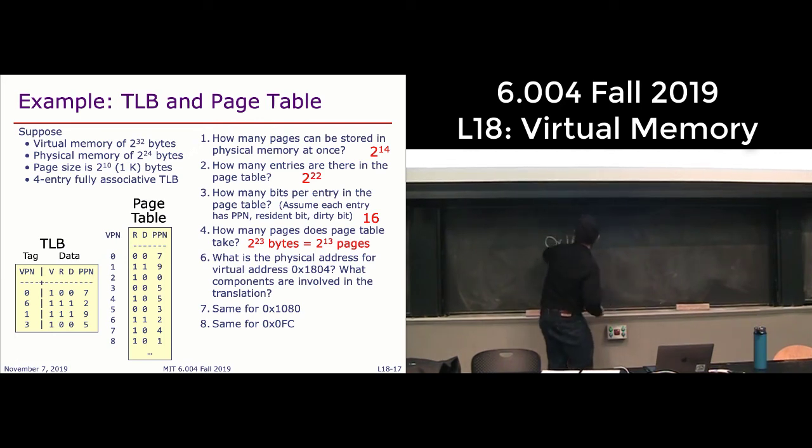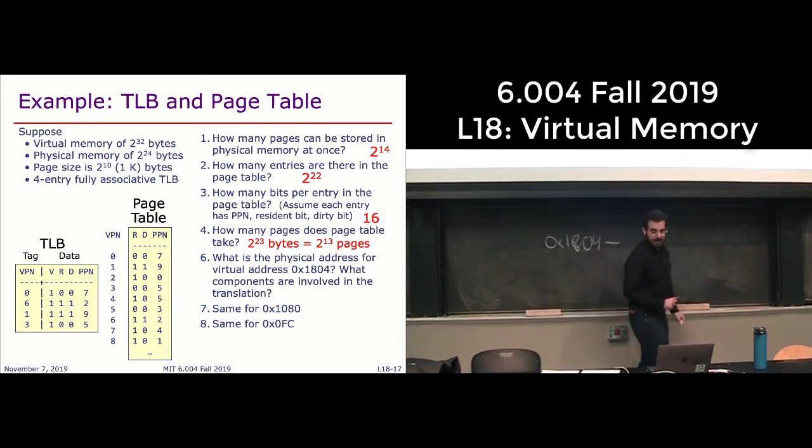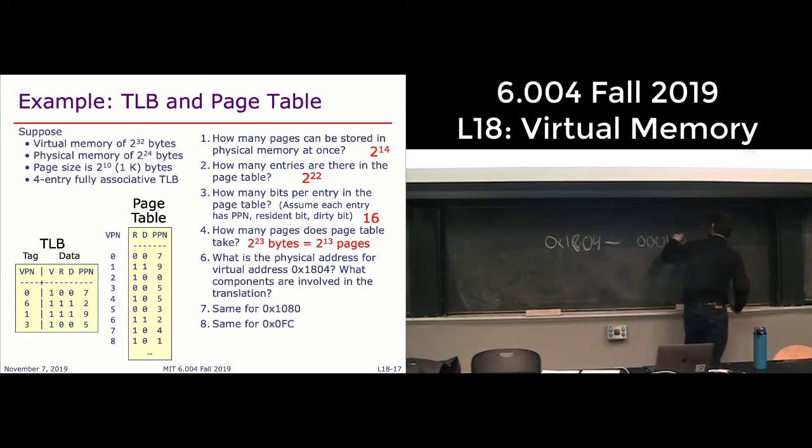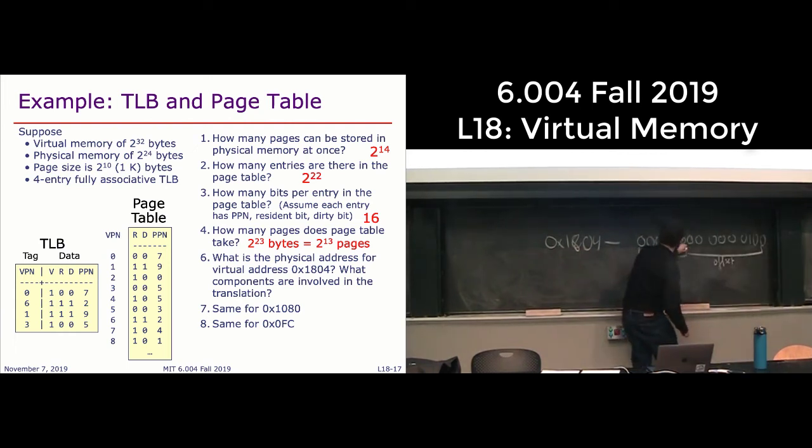Now in this case, our page size is 2 to the 10 bytes. And so we actually do need to translate this to binary. 1804. And these 10 bits are our offset. This is our virtual page number, which back in hex is 6, right?